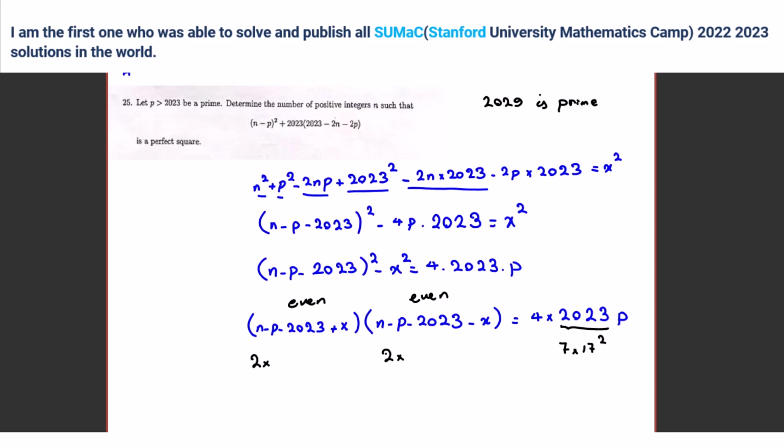It goes on the left term. Yes, why does p have to go on the left? Because p is greater than 2023, and x is a positive number. Yes, for example, we know this one is greater than or equal to this one.